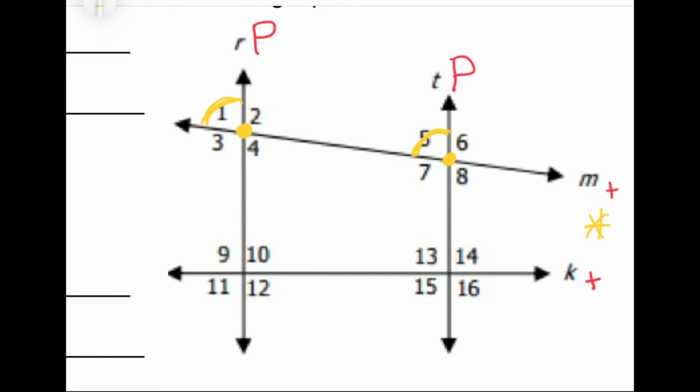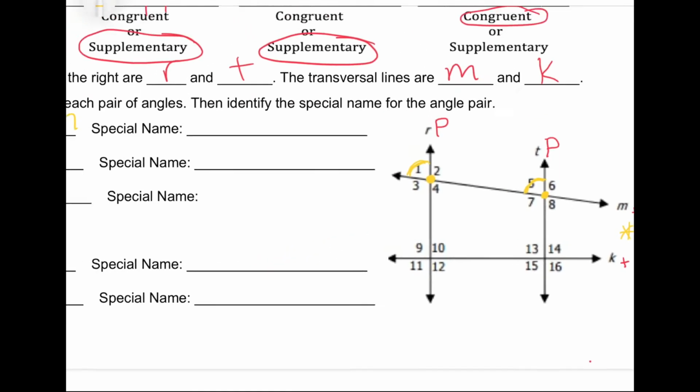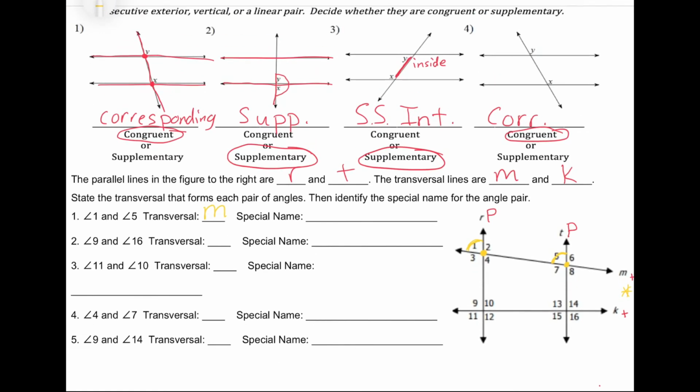In the second intersection, it is also in the top left corner. So these two angles are going to be corresponding angles. So that is what we're doing for 2 through 5.